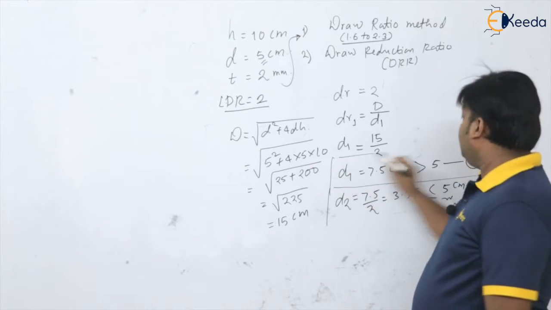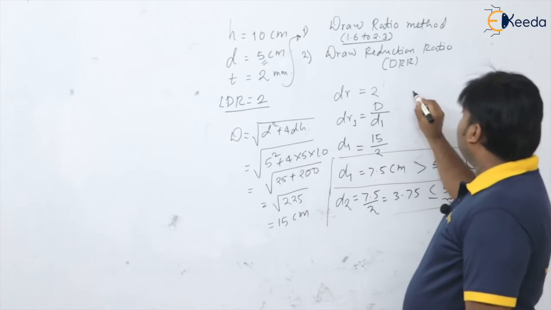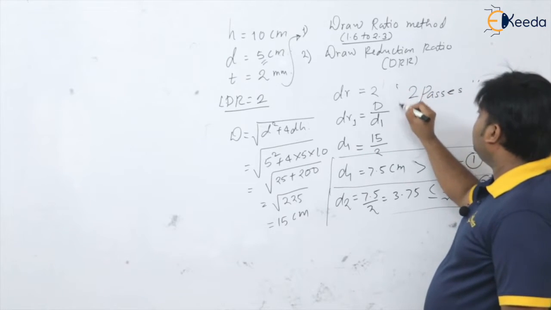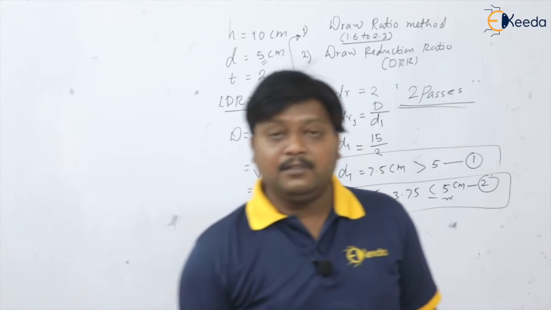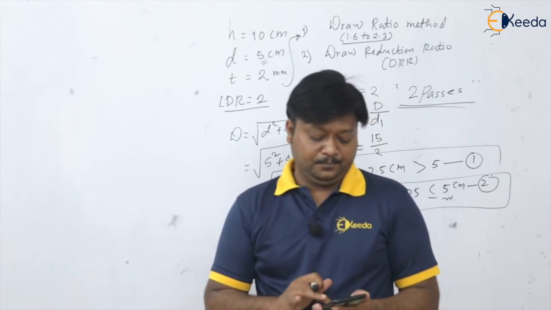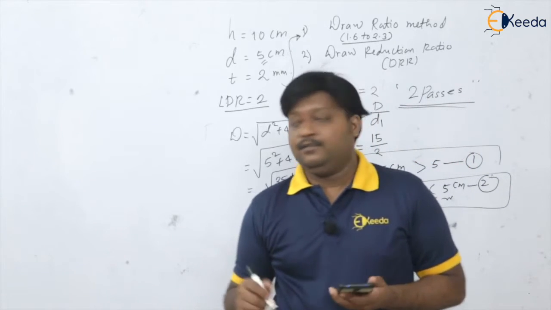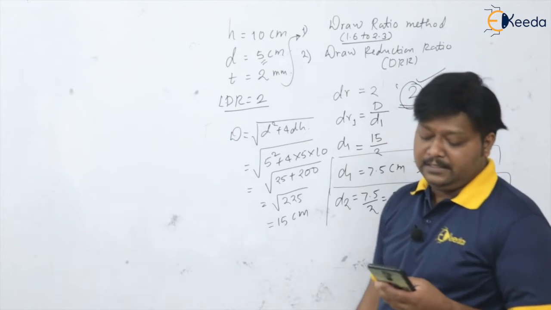So how many draws do you require to get this 5 centimeter cup from the given data? You need 2 passes to draw this cup. So the options are given there, let us see. The options are 1, 2, 3 and 4. So 2 is the correct answer.